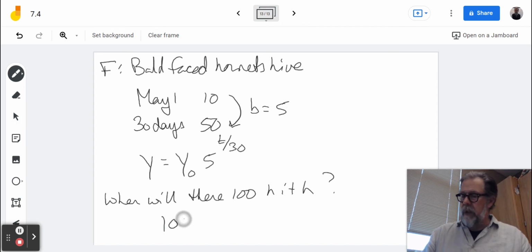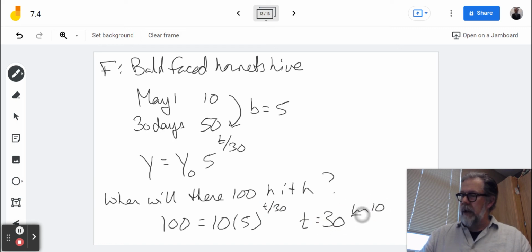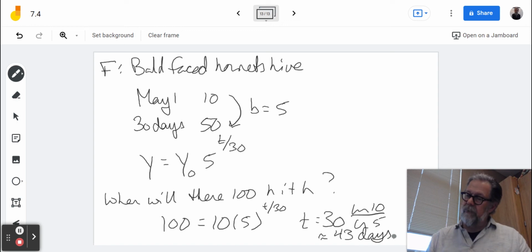Or I could just type in 100 equals 10 times 5 to the t over 30, because it's y sub naught. And what I see is that the time is 30 times the natural log of 10 over the natural log of 5, which is approximately 43 days. There will be 100 hornets in that hive.